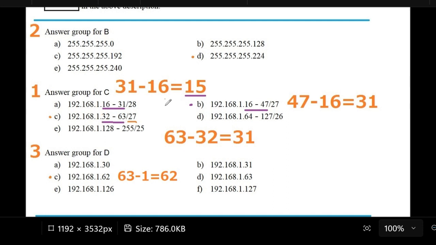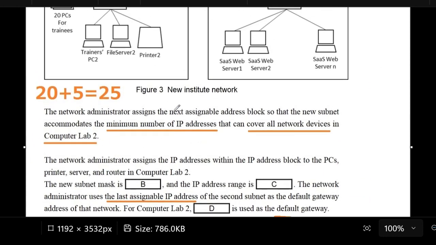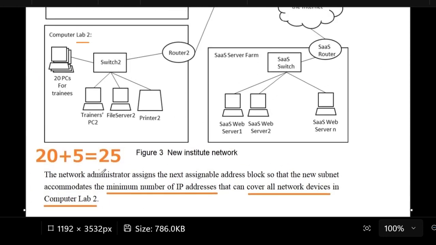So remember that we need a minimum number of IP addresses in our range. And what we can find out is if, for example, letter A is saying we have a range between 16 and 31, that would give us only 15 IP addresses. And remember, a while ago I was doing the counts. We need 25.